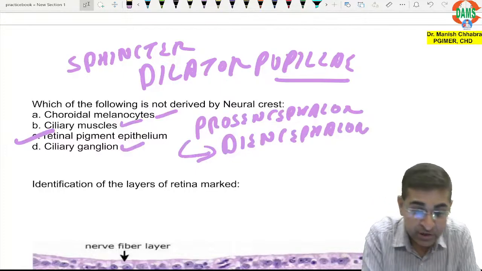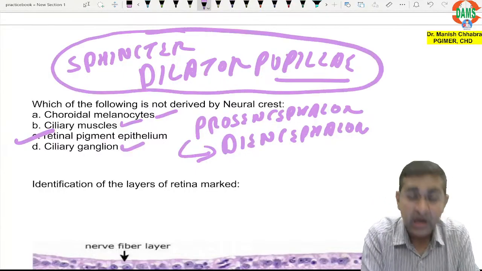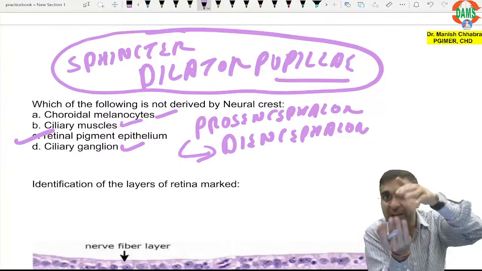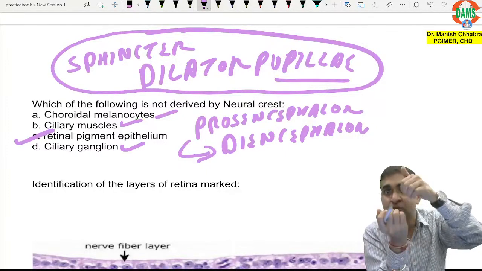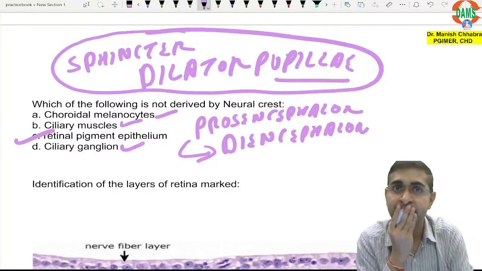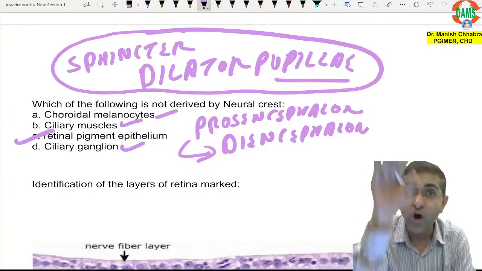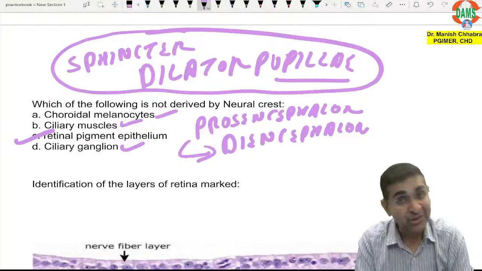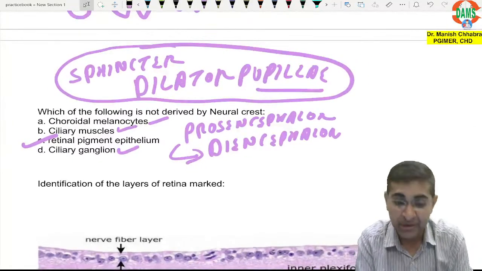No, the sphincter and dilator pupillae are actually derived from the anterior non-pigmented epithelium of the iris, which is formed from the optic cup. But the optic cup is neuroectodermal in origin.